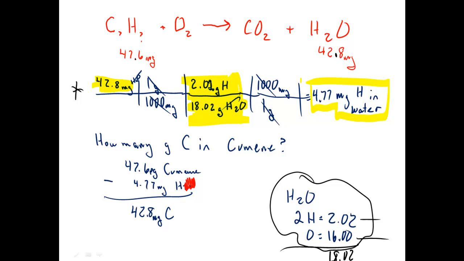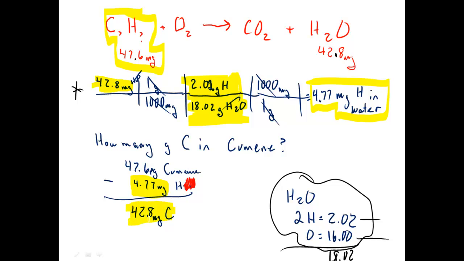Oh, so now we're on a winning streak. We have the 4.77 milligrams of hydrogen, and we know that from this original 47.6 milligrams of the hydrocarbon, 4.77 milligrams of that was hydrogen. So what's the rest?